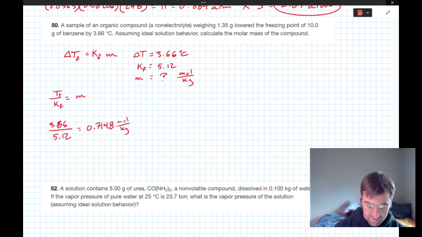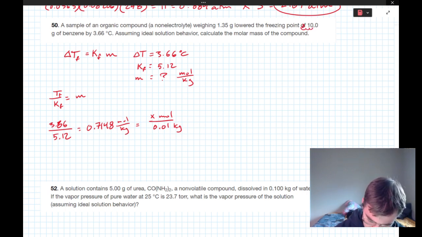We were given 10 grams of benzene. So we have 0.7148 moles per kilogram equals however many moles per 0.01 kilograms. I'm just dividing 10 grams by 1,000. Is that right? 1, 2, 3, yes. 0.01 kilograms.